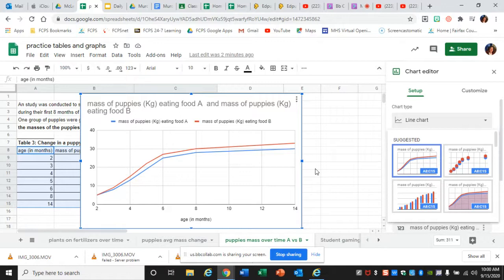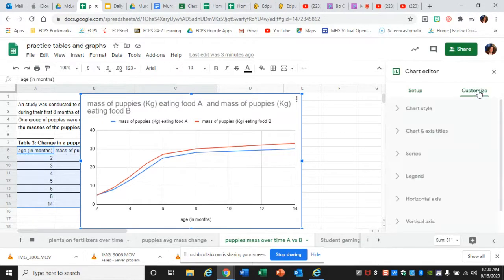Now, the problem with this graph is it's really not finished. If you turned it in like this, yes, the data is correct, and yes, you have lines that are correct, and the scale, the computer did all that for you. But this title up here is not a good title for a graph. So now we need to go to customize. See where my arrow is going?